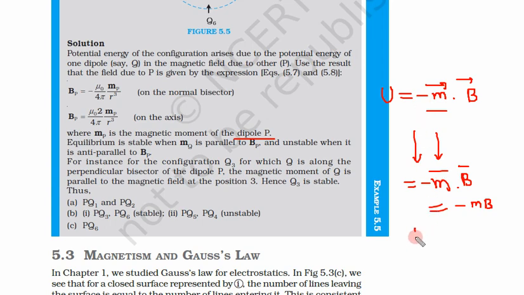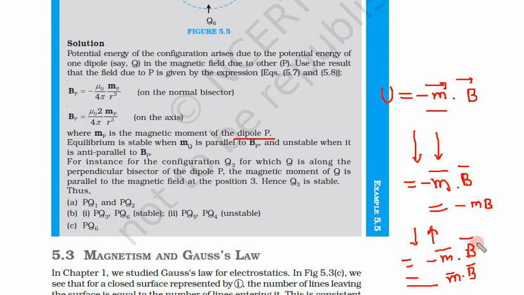If both are anti-parallel, then minus m dot B, cos theta is cos 180 degree, because the angle is 180 degree, cos 180 is minus 1, so minus minus cancels out, we get mB.